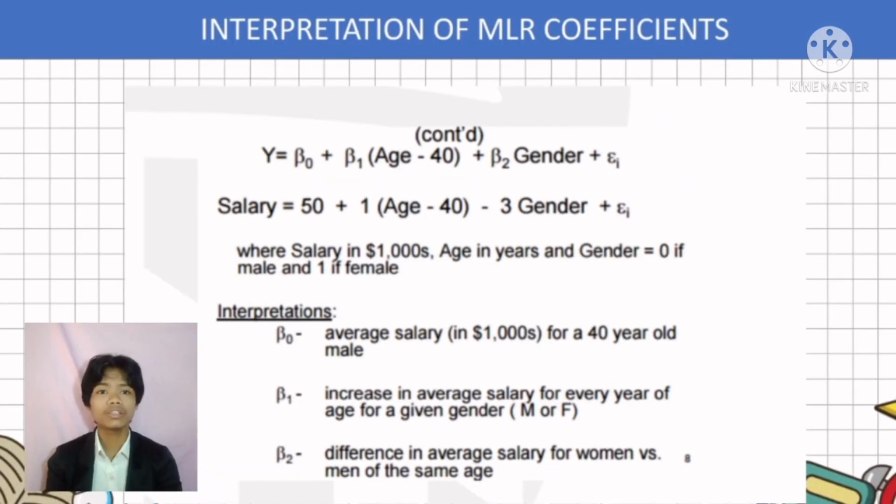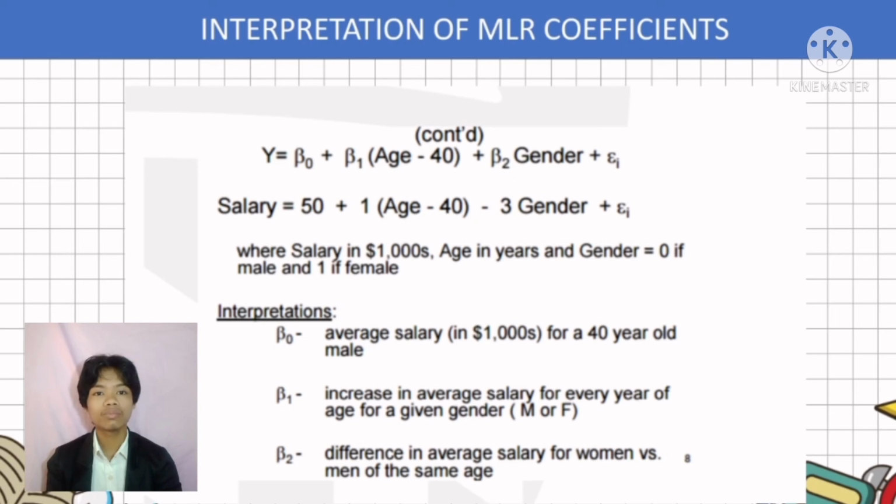For the interpretation, y equals beta sub 0 plus beta sub 1 multiplied by age minus 40 plus beta sub 2 gender plus epsilon. So salary equals y, and 50 plus 1 times age minus 40 minus 3 gender plus epsilon, where salary is in $1,000, age in years, and gender equals 0 if male and 1 if female.